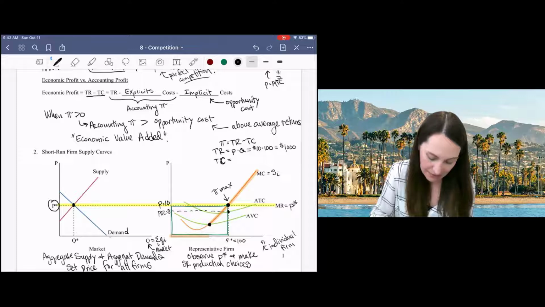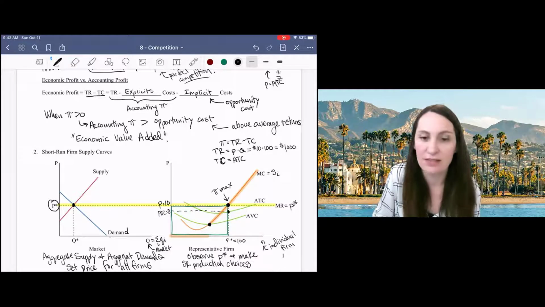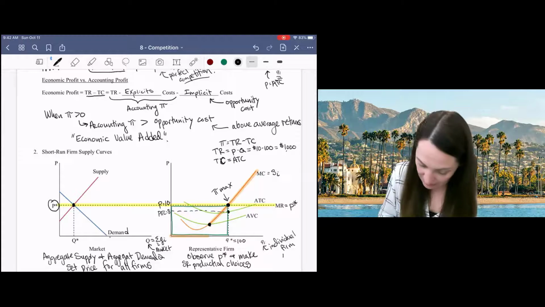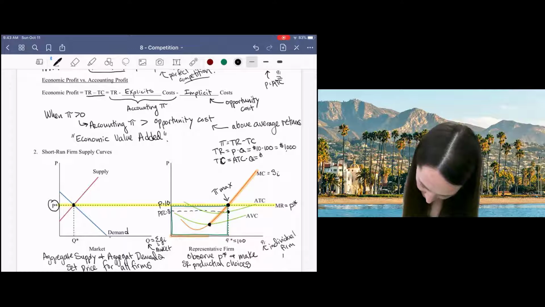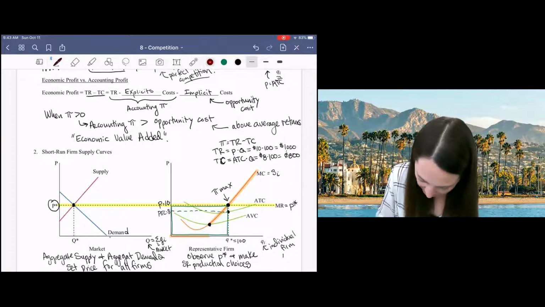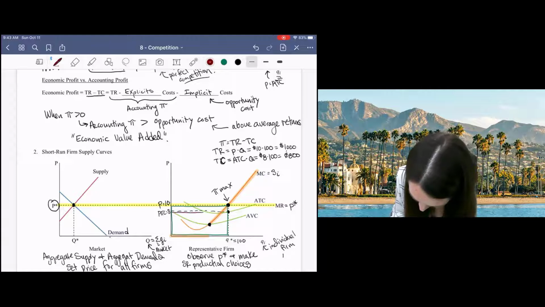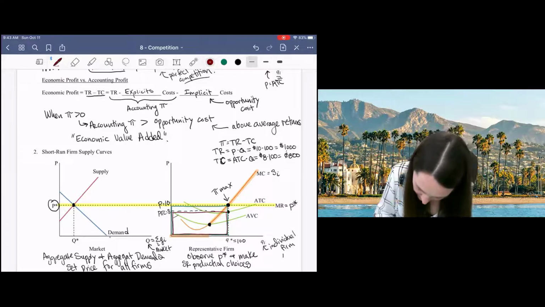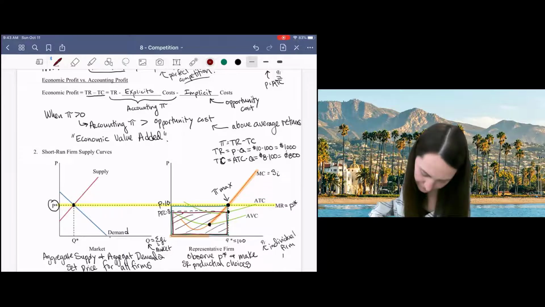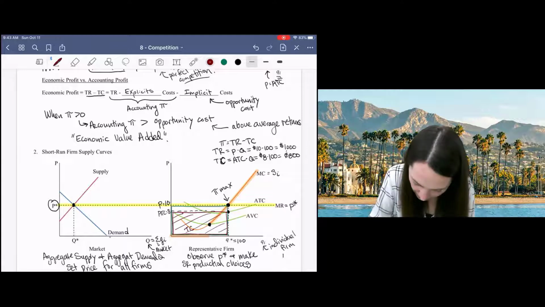But one way to think about that is to take your average total cost per unit, and multiply it by the number of units, the quantity, so that we get 8 times 100, or 800. And on the graph, that would be this distance here, right? That height of 8 and length of 100. So this is your total cost.